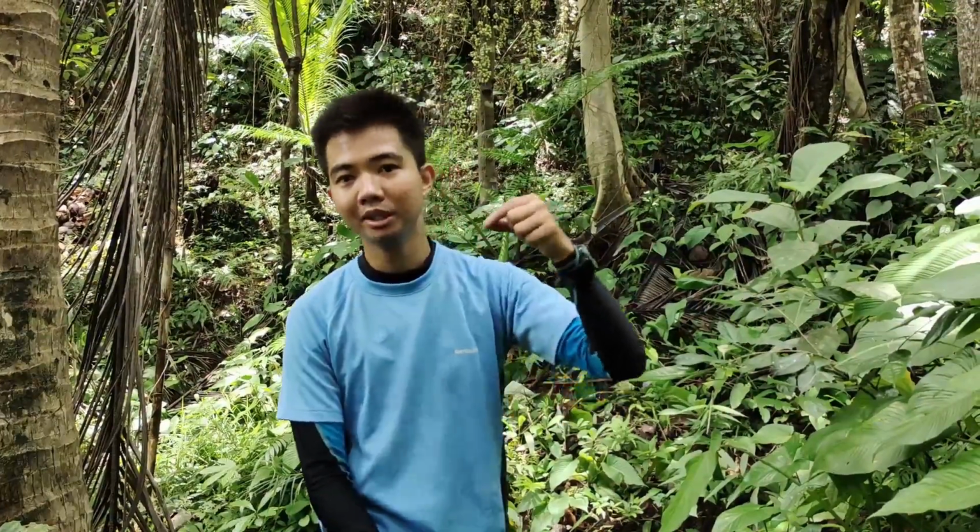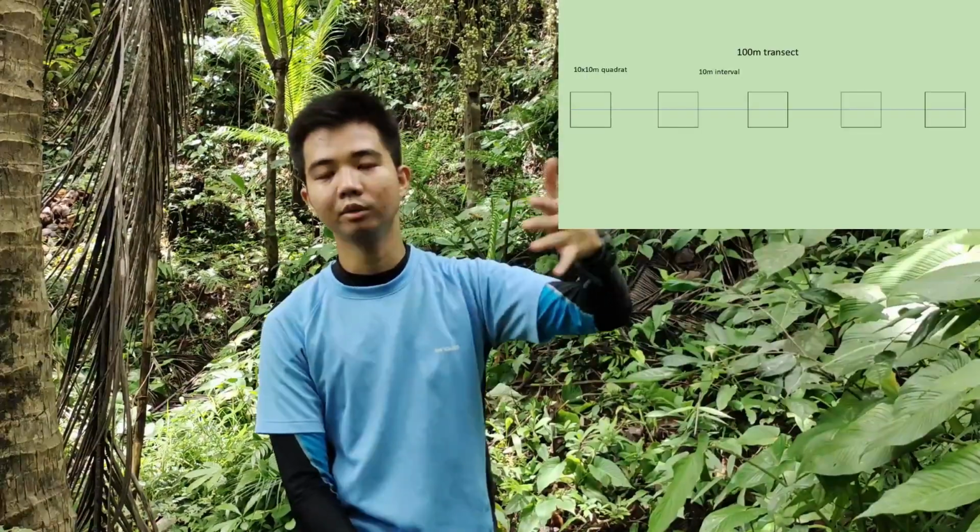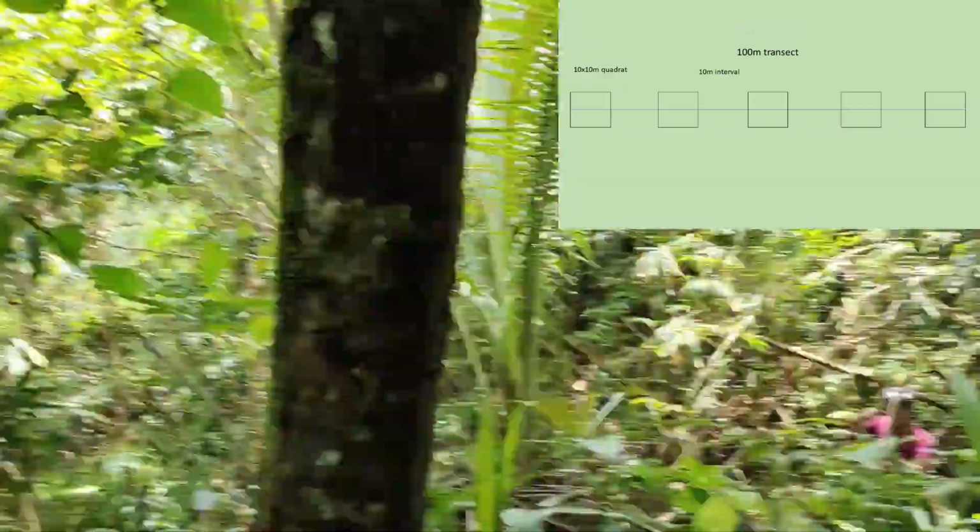So now we are done with the measurements for the first quadrant. We're now going to the second quadrant. We're going to measure a 10 meter interval from this quadrant, and then we're going to establish the second quadrant after that. Let's go.